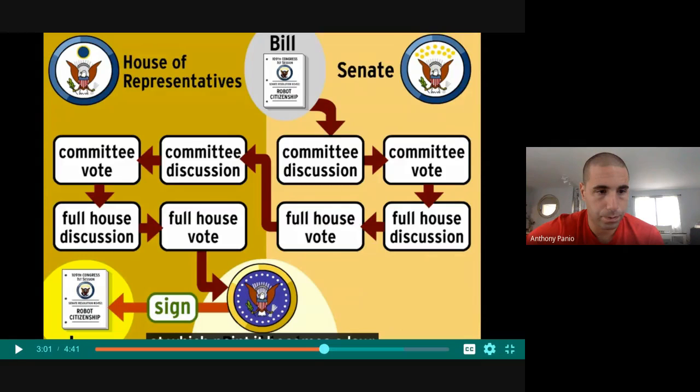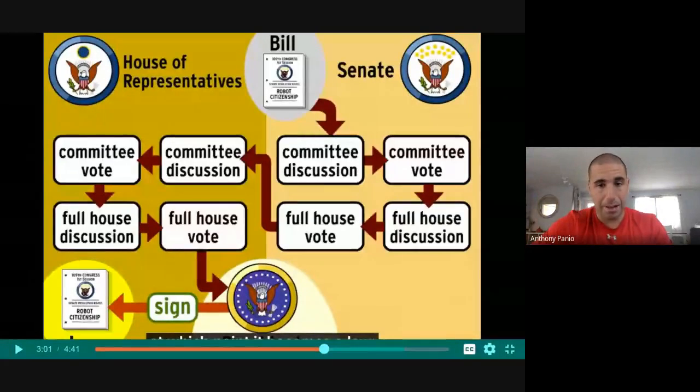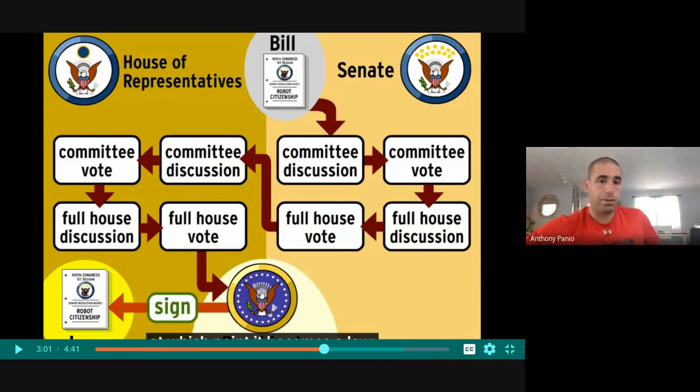There's only 2 houses, all right, but they're kind of showing you something here. So this is number 3, step 3. Half of one house needs to vote on approving the bill. So let's say the House of Representatives gets it first. Okay, they vote on it.